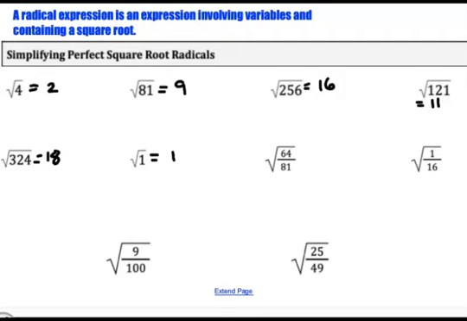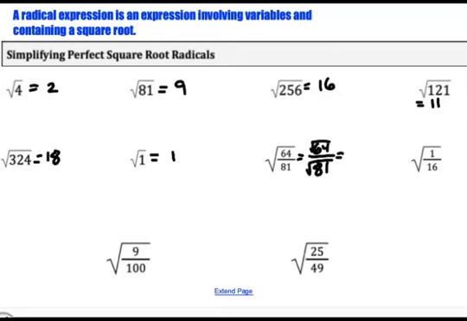And now we're into some more unique looking ones, with square roots and fractions. So this is a radical with a rational inside. What you can do with something like this is split up the square root. You can do the square root of 64 up top, and the square root of 81 on the bottom. Then we can evaluate those because those are perfect squares.